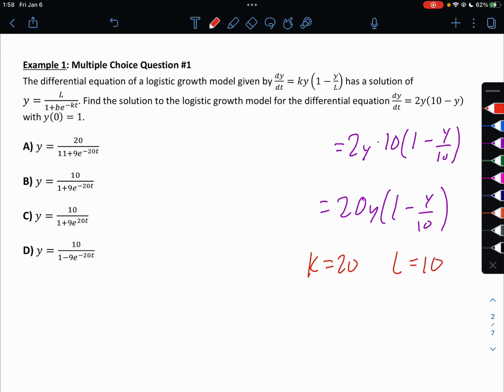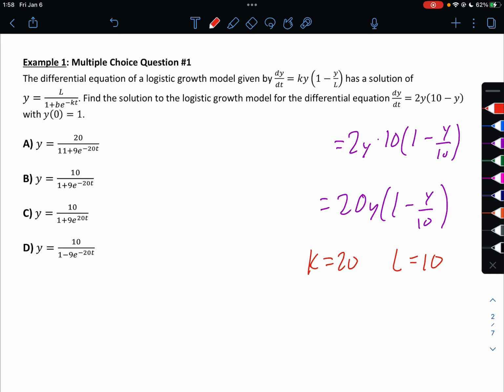Now to find the b value, we can use the point (0, 1). We're going to use this equation and put in all the numbers that we know. We have 1 equals L, which is 10, over 1 plus B e to the negative 20 t, and t right now would be 0.